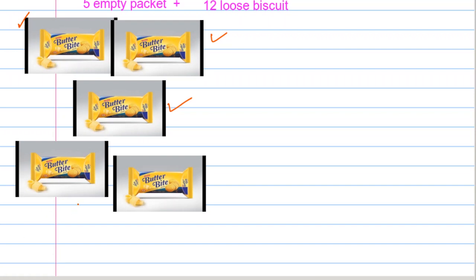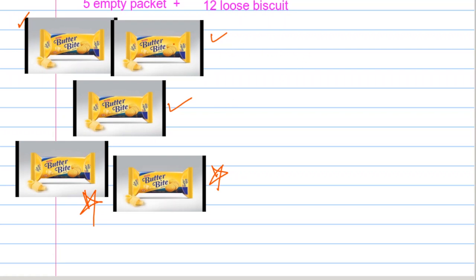Now how many wrappers, or how many empty packets, are left behind? There are these 2 actually. This one is left empty and this one is left empty. So here are these 2 packets which are left empty.